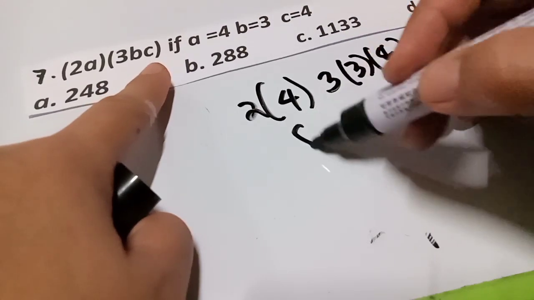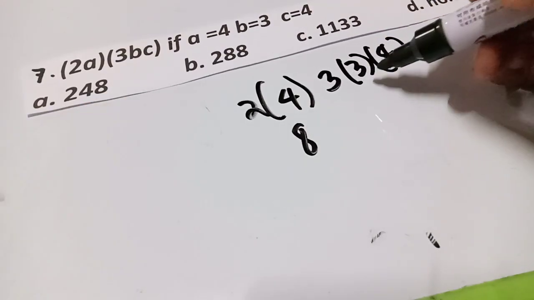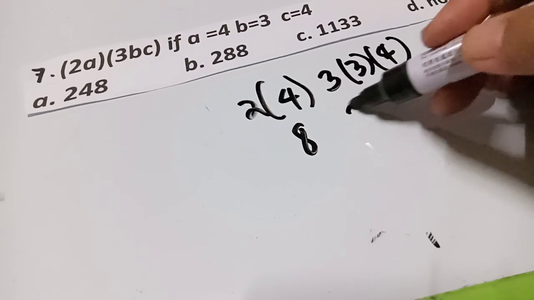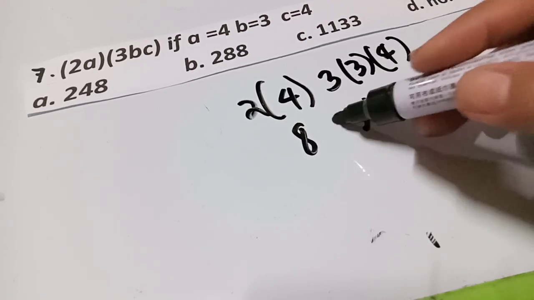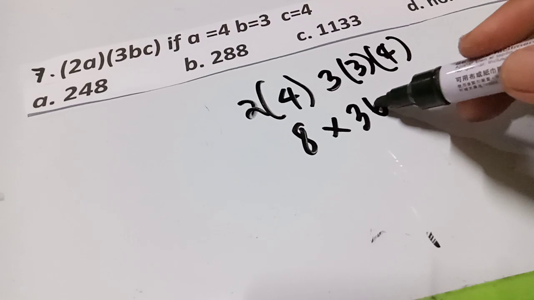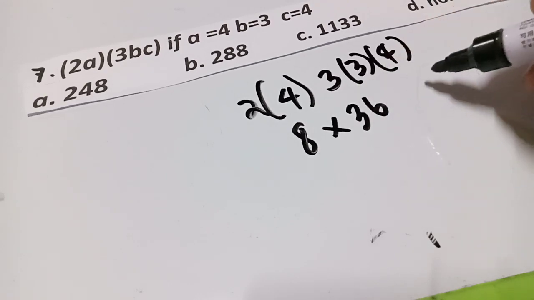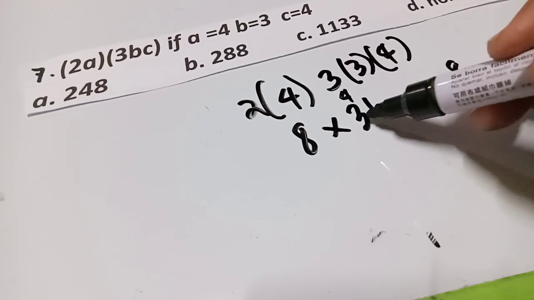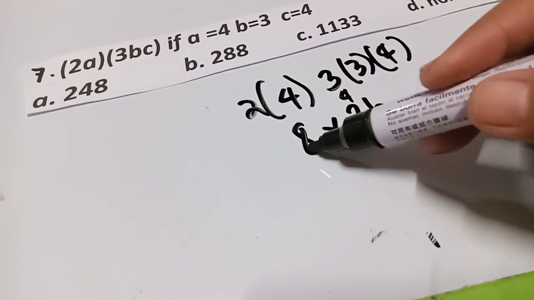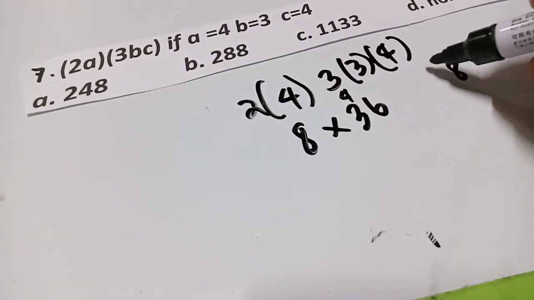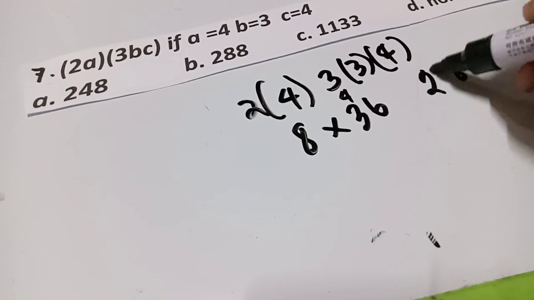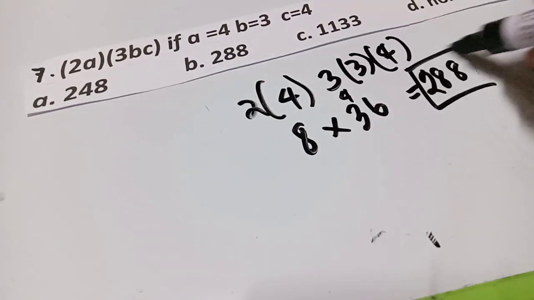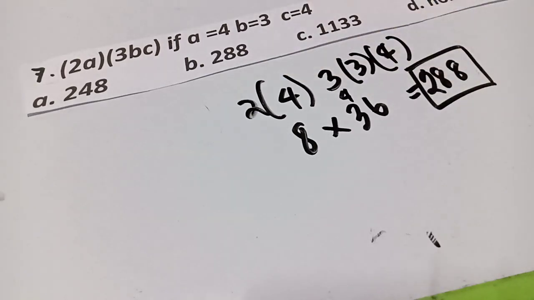So, 2 times 4 is 8. 3 times 3 is 9. 9 times 4 is 36. So, multiply again, 8 times 6 is 48. Multiply by 4. 8 times 3 is 24. 24 plus 4. This is 28. So, the answer is letter B.